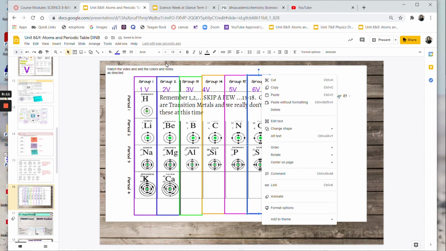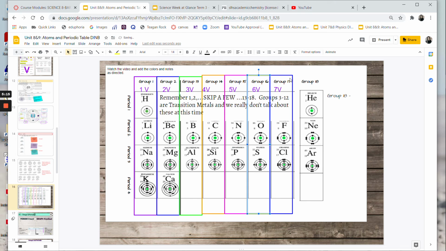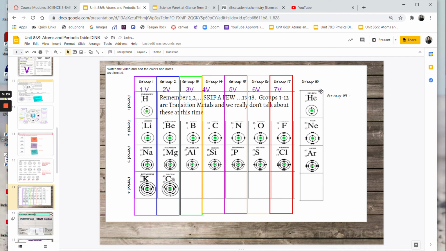Okay, our last one, group 18, is a little bit different. There is 8 valence electrons in that group for everybody except for one of them, which would be helium. Okay, let's do this last one. Group 18, for the most part, is going to have 8 valence electrons. Helium is the only one that has 2 because it is full.